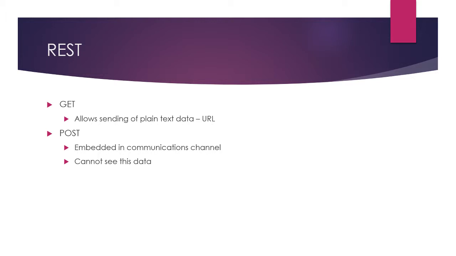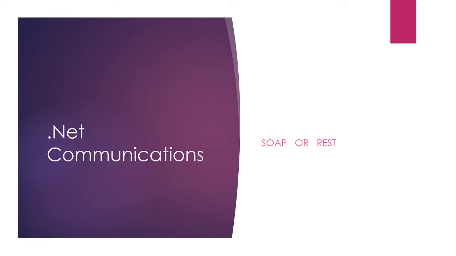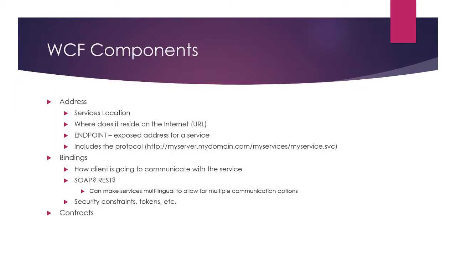When we're using a GET, we can send a plain text data message using REST. And when we're sending a POST, we can't see the data because it's embedded internally in the communication channel, so it is harder for hackers and packet sniffers to grab. So what do we want to use, SOAP or REST?